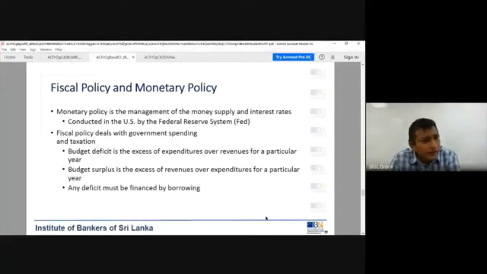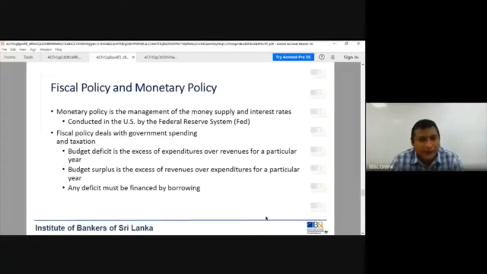And then you see fiscal policy. We are not spending time on fiscal policy, but we will look very broadly at some elements of it in the discussion, because you can't ignore it; you have to understand these two to build a relationship. Fiscal policy deals with government expenditure and revenue. That is one side, spending, and from the other side, taxation related matters.